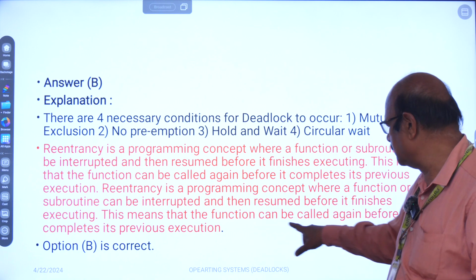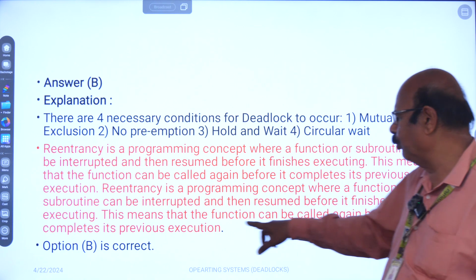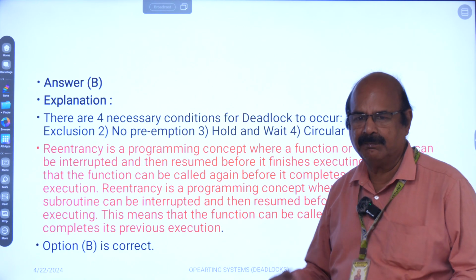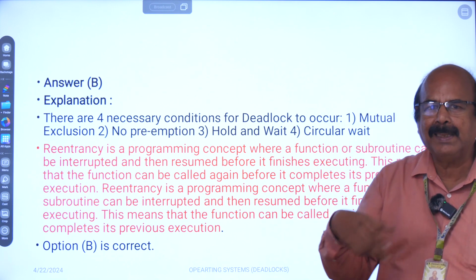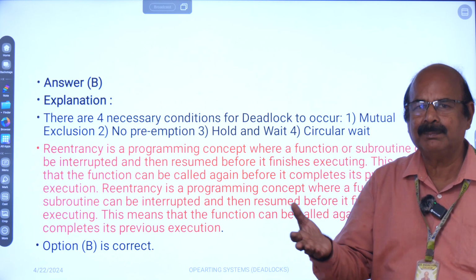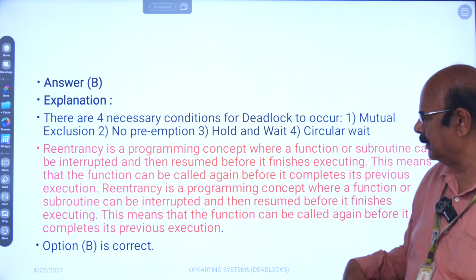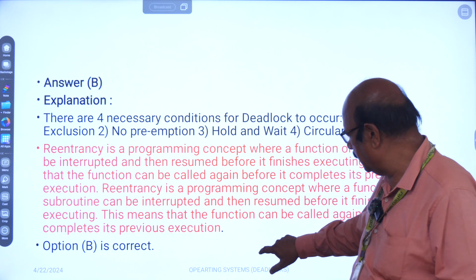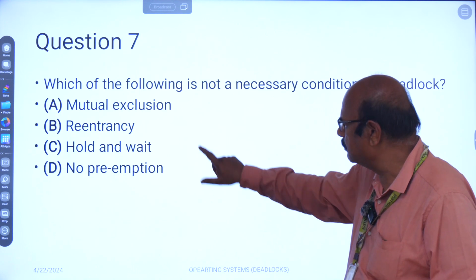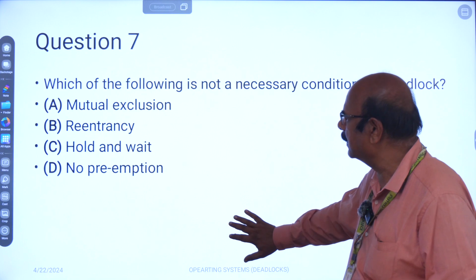This means that the function can be called again before it completes its previous execution. So whenever the previous execution is not completed, at the same time the subroutine is called. That's why option B, re-entrancy, is the correct answer.